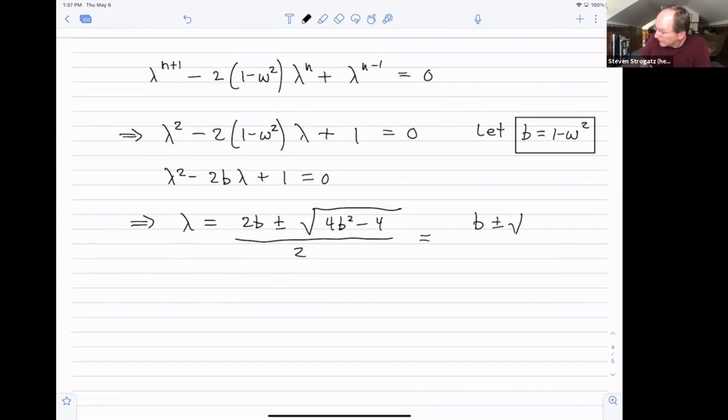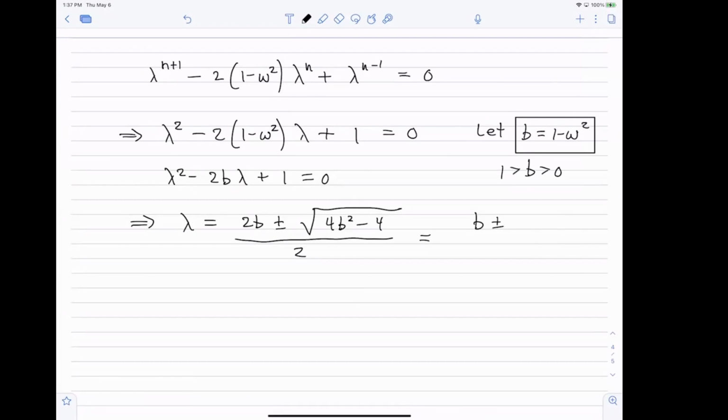Actually, maybe I should say something. Hold on one second here. With this choice of notation for b, remember omega squared was between 0 and 1. So this b is greater than 0, isn't it? But it's less than 1. I said omega was between 0 and 1 in the beginning, so b is also going to be between 0 and 1.